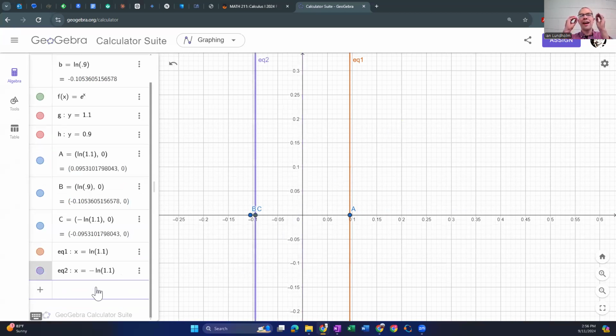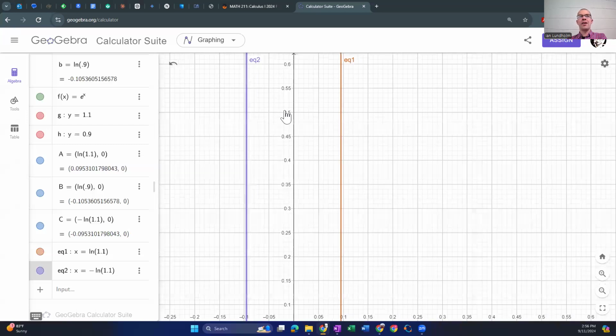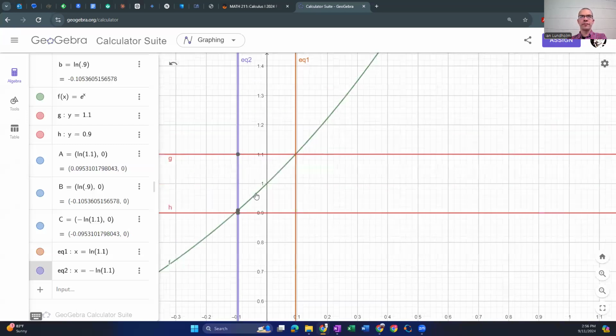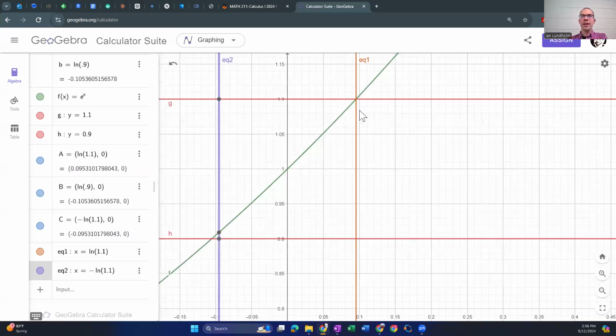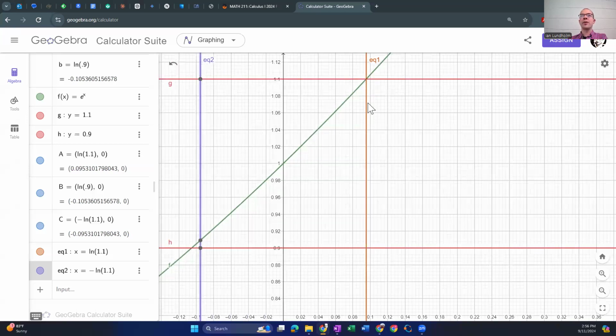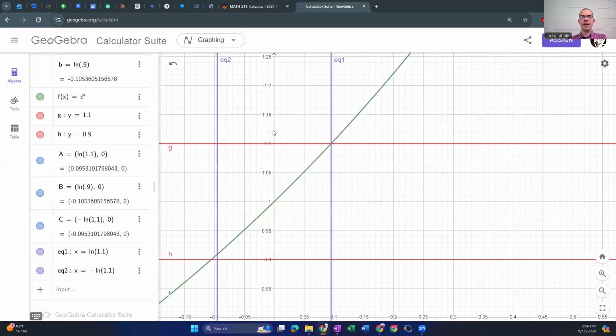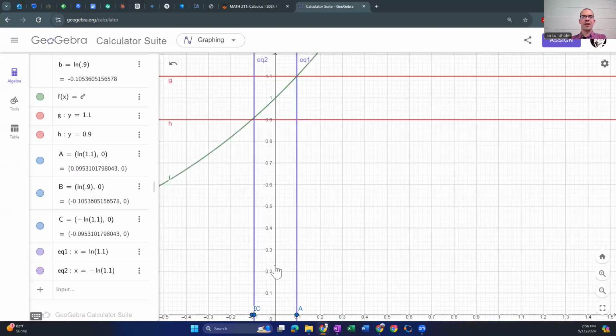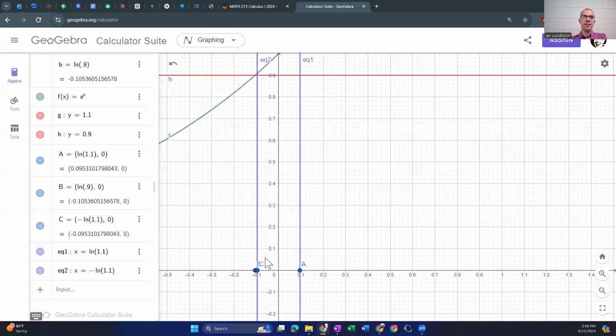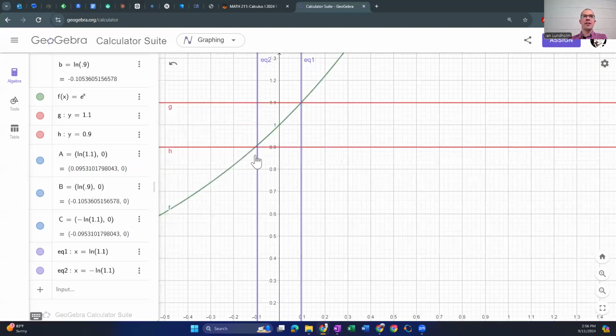If we're choosing ln of 1.1 as our delta, what it means is that when we go up to the function, we're hitting the right-hand side exactly where we want to be. Let's go ahead and make this purple as well. This one is right on the barrier of where we want to be. And since we chose the safer of the two options down here, we went with negative ln of 1.1 going to the left.